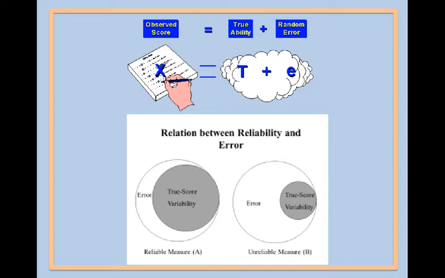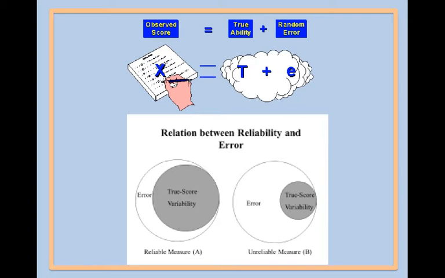On the left is a set of two circles that illustrate a reliable measure. There's a large white circle with a small gray circle within it. The large white circle is labeled error, while the gray circle within it occupies about 75% of the area of the white circle and is labeled true score variability.